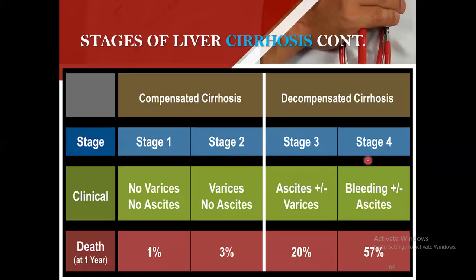You understand? So varices means that the pressure in the portal vein is too elevated, and so there is backflow of blood through its anastomosis. That is from the portal vein back to the left gastric vein.